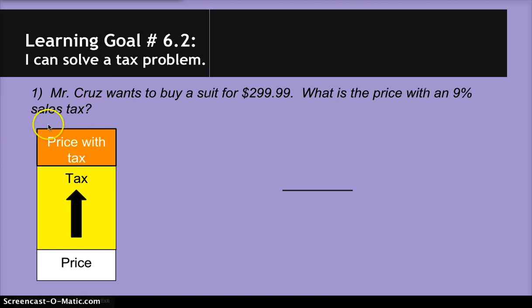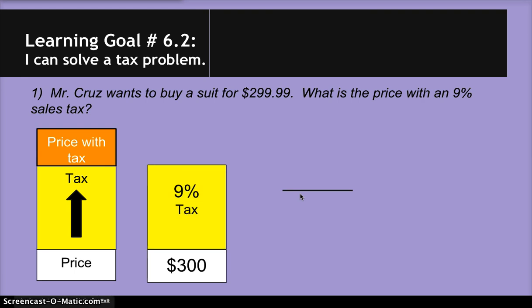All right, so here's our diagram. And just to review, what happens is here's our price. We have a tax that increases our price, and then we are left with a price with a tax. So, price of our suit, let's bump it up to $300 because it's only 1 cent off, and it's going to make our multiplication a lot easier.